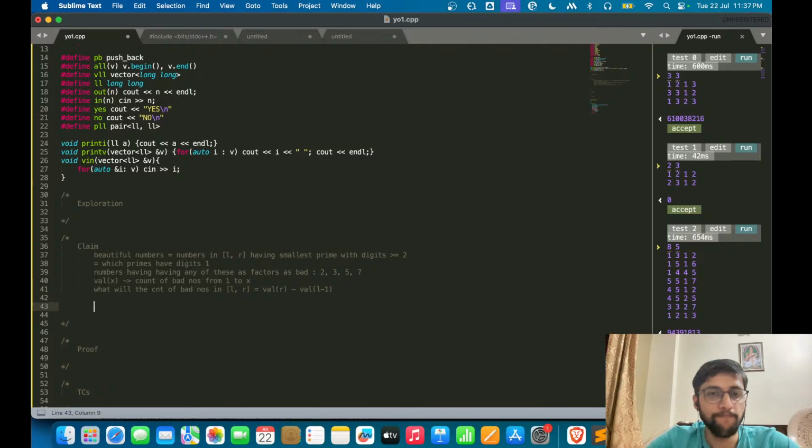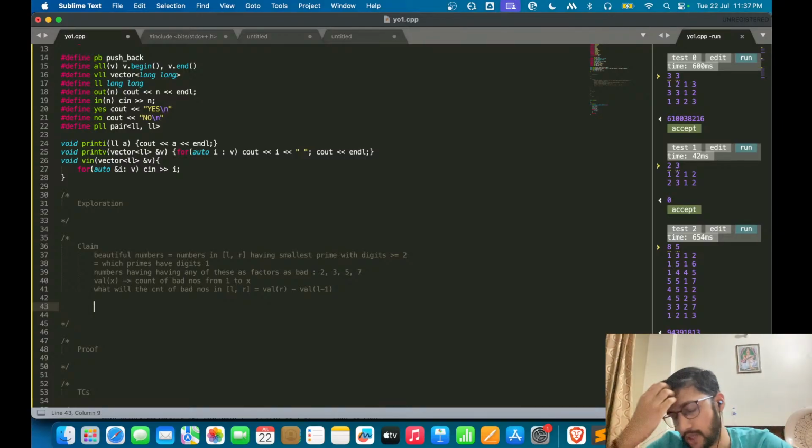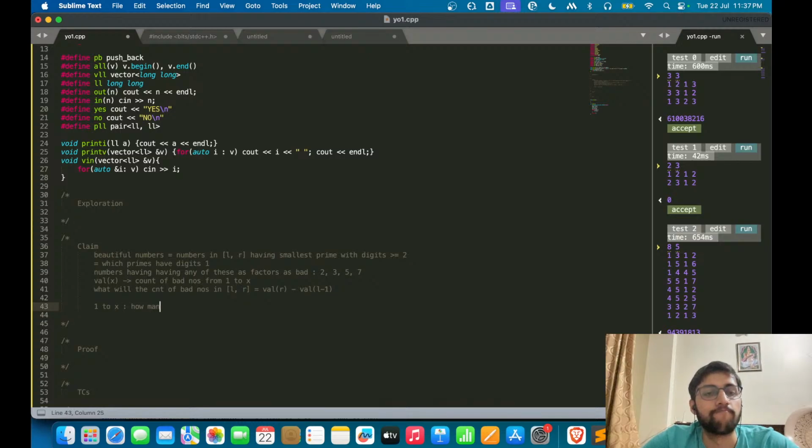This is the observation. The principle of inclusion and exclusion says this, and how will it be used here? If you want to find from 1 to x how many numbers are divisible by 2, the answer is simply x by 2.